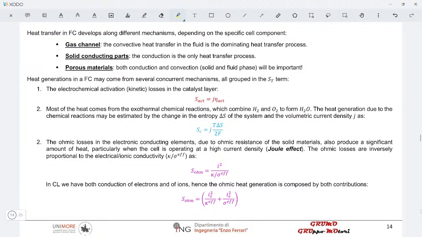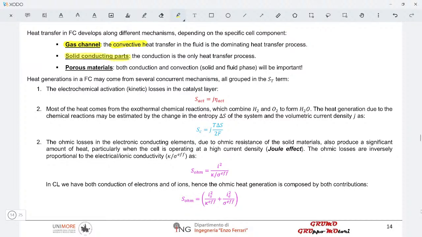Well, in fluid regions, in gas channels, basically we have just fluids moving. So the heat will be transported basically by a convective mechanism. So we'll have a convective transfer in the fluid regions.